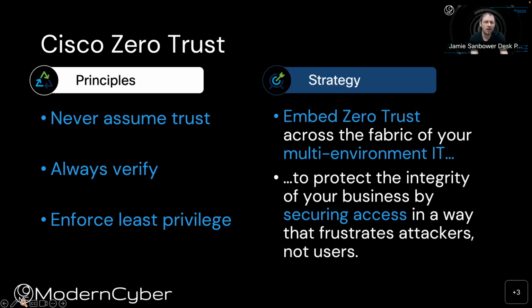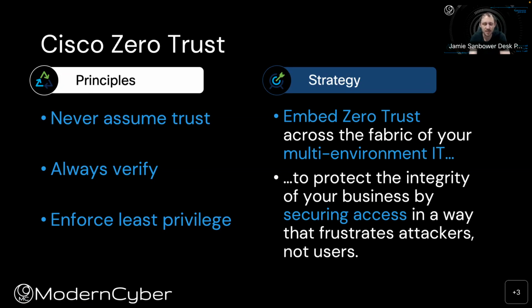Now, alongside the principles, Cisco's strategy around Zero Trust is to embed Zero Trust across the fabric of the multi-environment IT. This includes hybrid work. This is users working at home, from an office, on the move. And really the goal here is to protect the integrity of the business by securing access in a way that frustrates the attackers and not the end users.